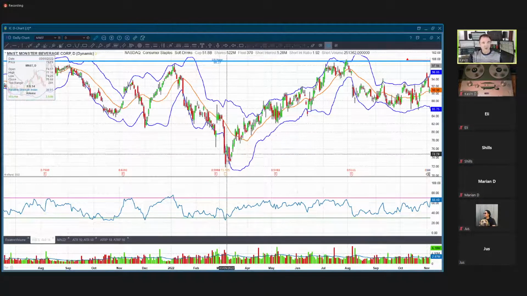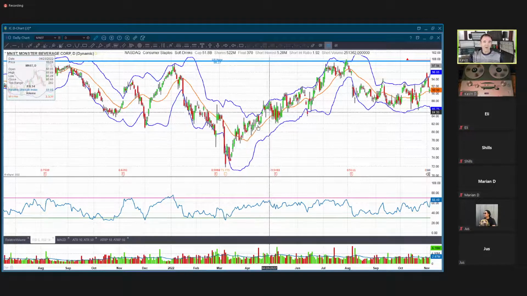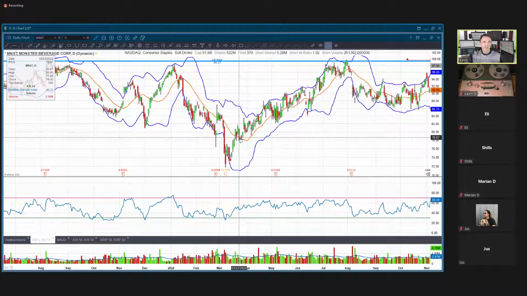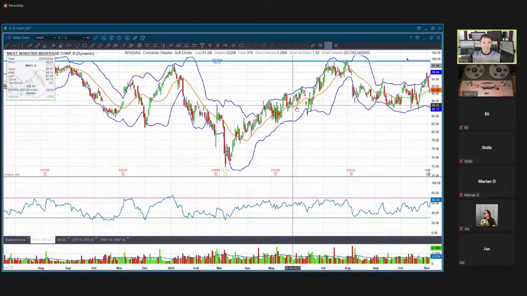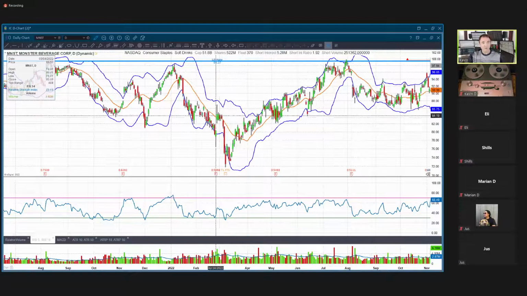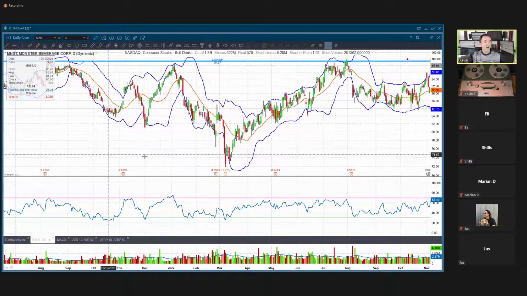Now, when the trend changed, notice how price is spending a lot of time between the moving average and the upper band in this uptrend. We did have one breakdown here, but it didn't last very long, and it went right back up in there again. This is pretty common. You see this sort of pattern a fair bit.